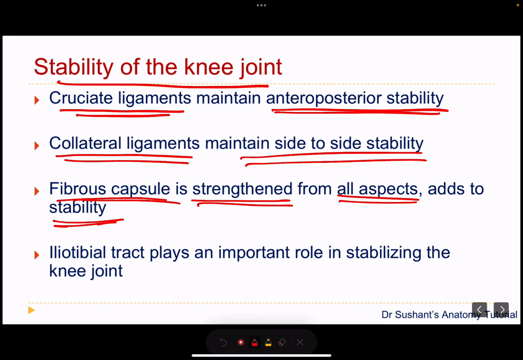All these provide additional strength to the fibrous capsule, and that adds to the stability of the knee joint. The iliotibial tract, of course, plays an important role in stabilizing the knee joint. So these are the factors that basically maintain the stability of the knee joint.